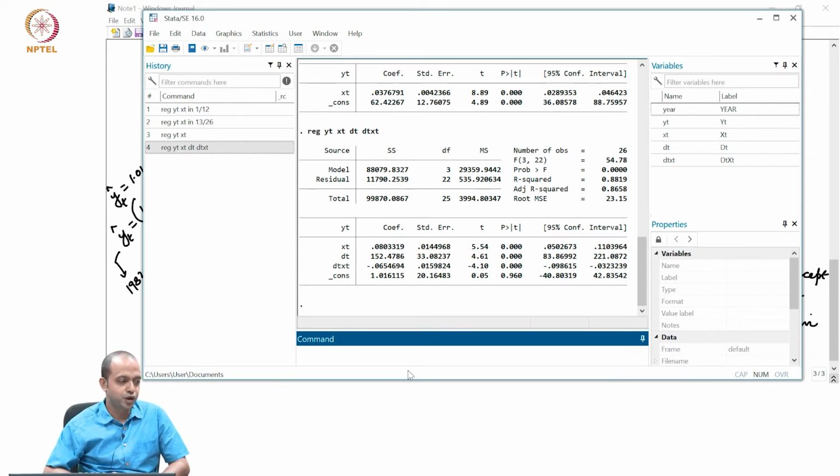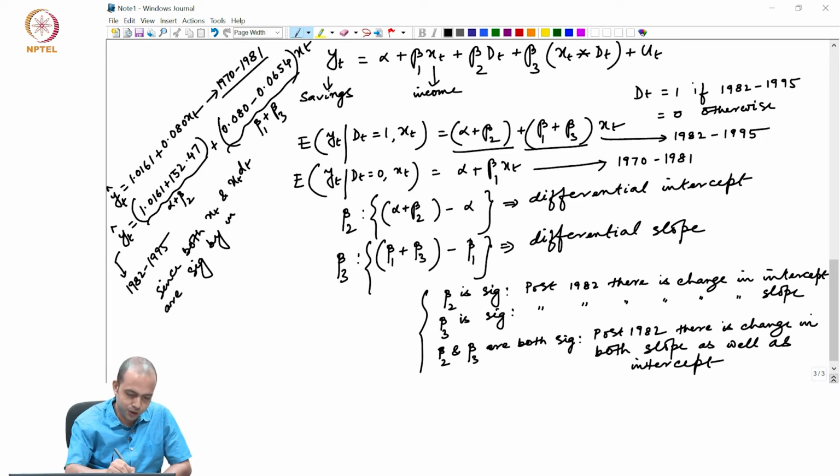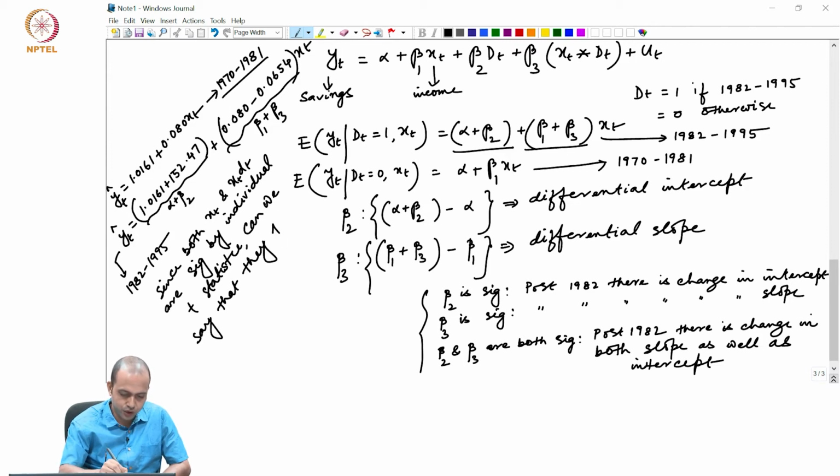Now, one question that I would like to raise here: since both xt and xt dt are significant by individual t statistic, can we say that they are jointly significant?